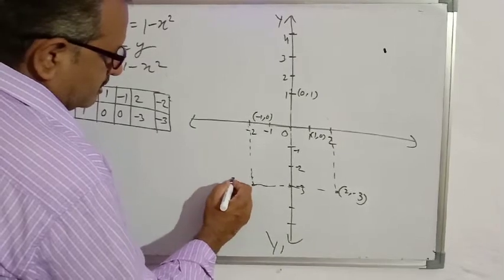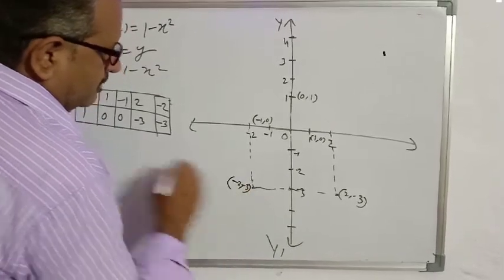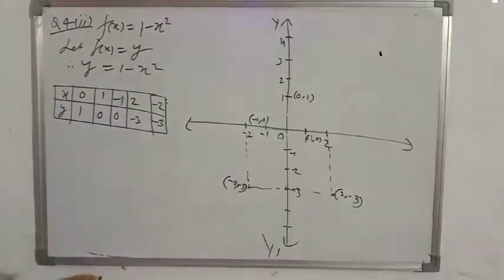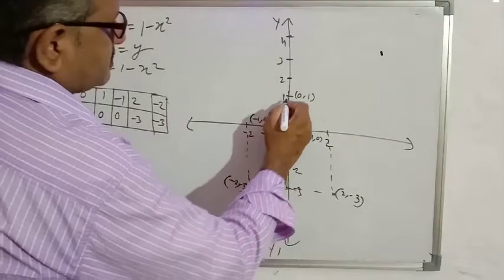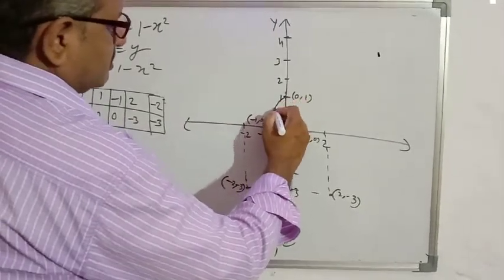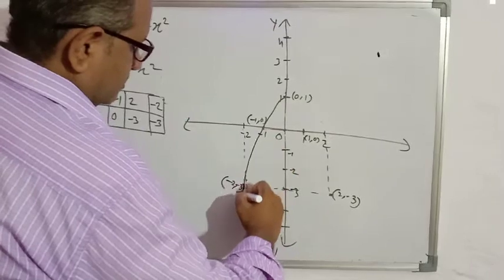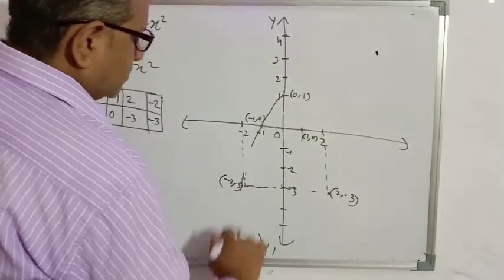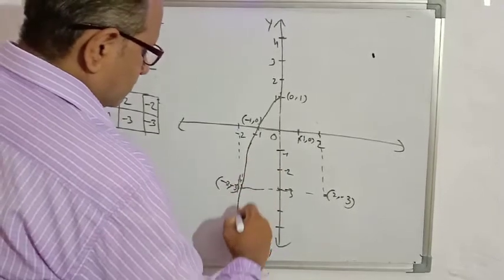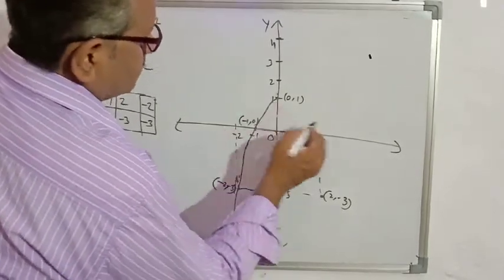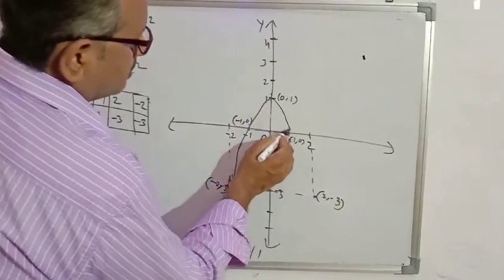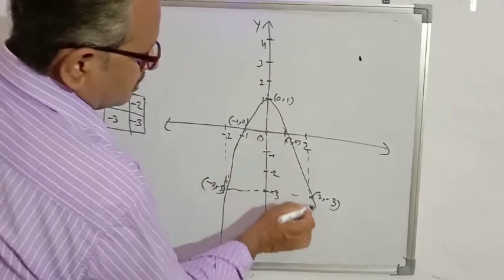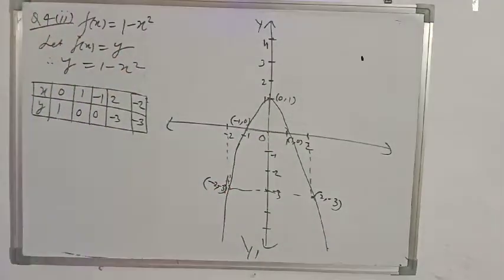This is minus 2, minus 3. Now we have to join these points. Like this.